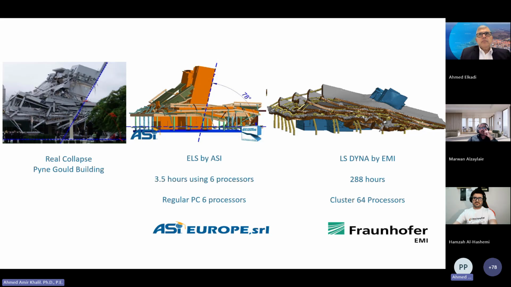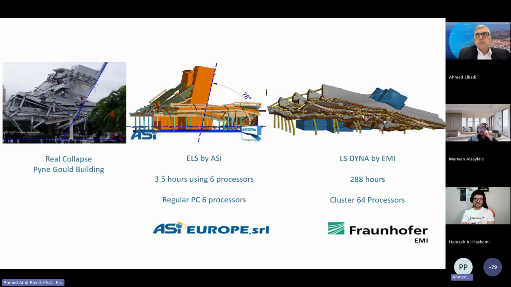The idea is, with the reduction in the degrees of freedom, it is possible to make this analysis within 4 hours using a regular PC, while it takes approximately 15 days to do the analysis using finite element method on a supercomputer.